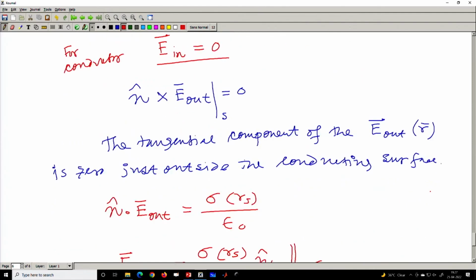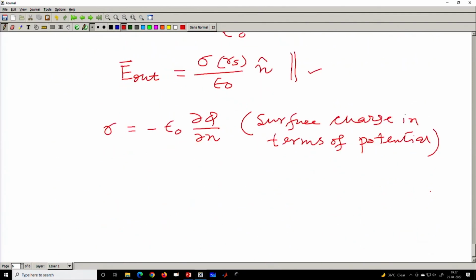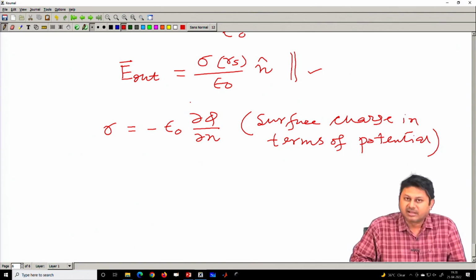Using that, we finally figure out the field exactly outside the conductor, and that value we already derived using the Gaussian surface last class, and we are getting the same value.